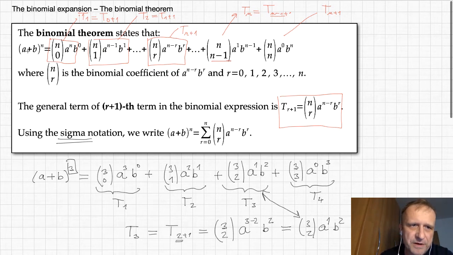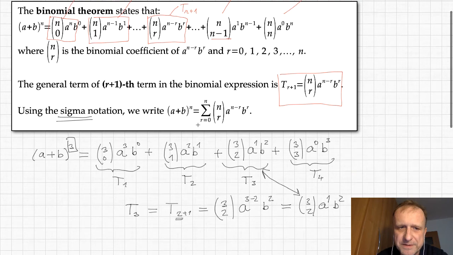The binomial theorem written in this first line is intimidating, but it can be rewritten in an equivalent way like this. A plus b to the power of n is the sum, so this symbol sigma means the sum from r equals 0 to r equal n of these expressions. So these expressions will vary for each different distinct value of r. You get a different expression.